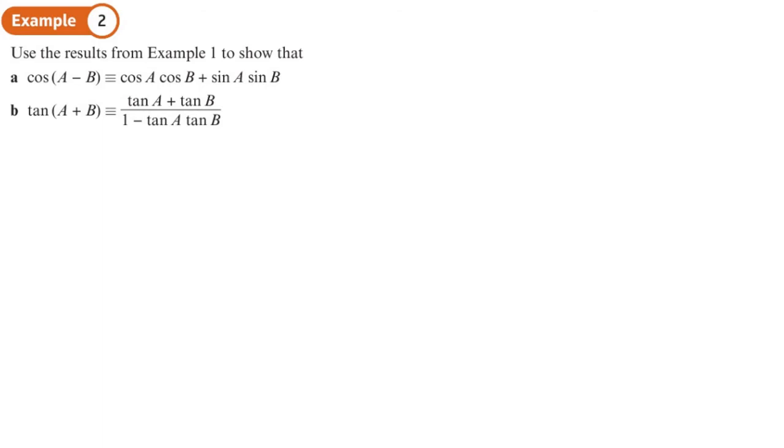Okay, so on this one we're not generating the identities from scratch like we did in the last one. We're just using the ones which we know already. Sine A plus minus B is equivalent to sine A cos B plus minus cos A sine B. So we know that already. We also know this already. Actually, in the last example, we just proved a plus, didn't we?